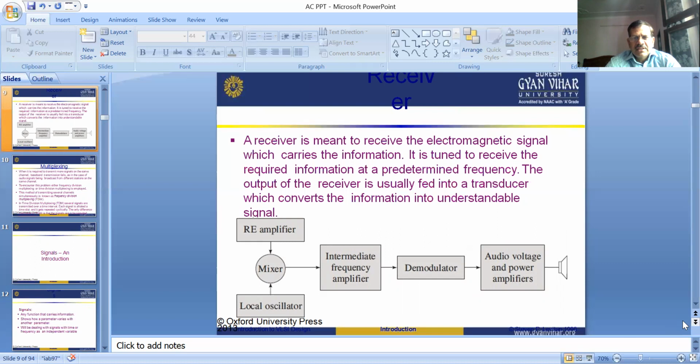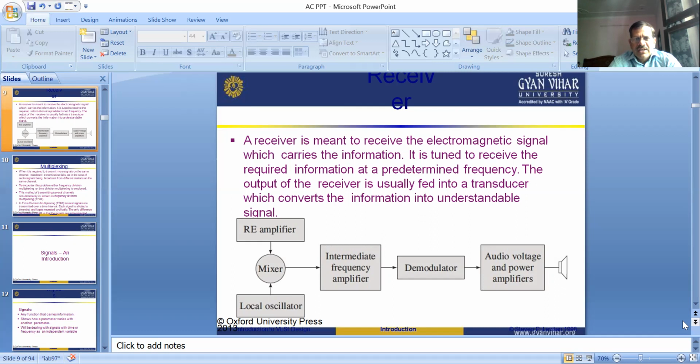Electromagnetic signals are high frequency or carrier signals that travel at 3 x 10^8 meters per second, which is also the velocity of light. The receiver is tuned to receive the required information, that is the base signal, at a predetermined frequency.